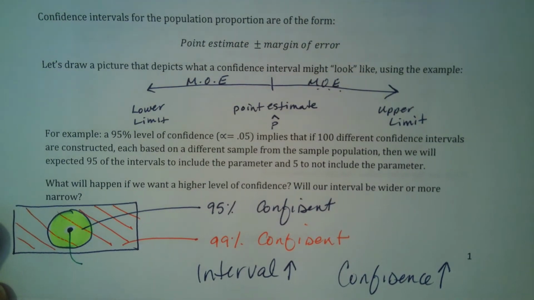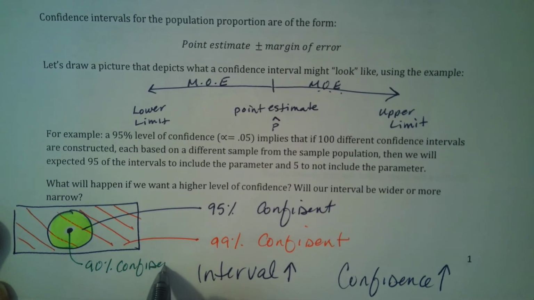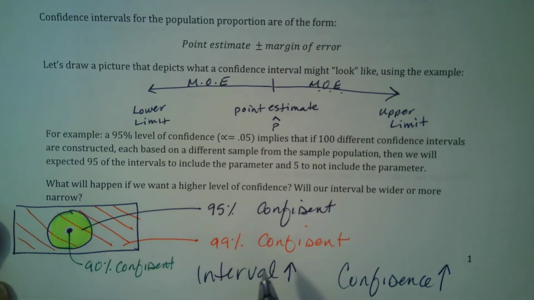It would be very unlikely, right? Because it's a small little interval, it's a small range. So you're not going to be very confident. Maybe you're only going to be 90% confident or something even less. So again, as my interval gets smaller, my confidence also gets smaller. So they both go in the same direction.